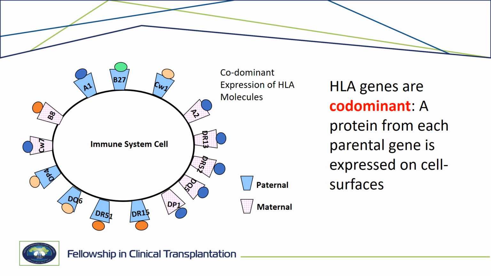So for example, you can see the HLA-A1 comes from the dad, the HLA-A2 comes from the mom. The B27 comes from the dad, and the B8 comes from the mom. The CW1 comes from the dad, and the CW7 comes from the mom, and so on. So you can see half of the genes come from one of your parents, and the other half comes from the other parent.